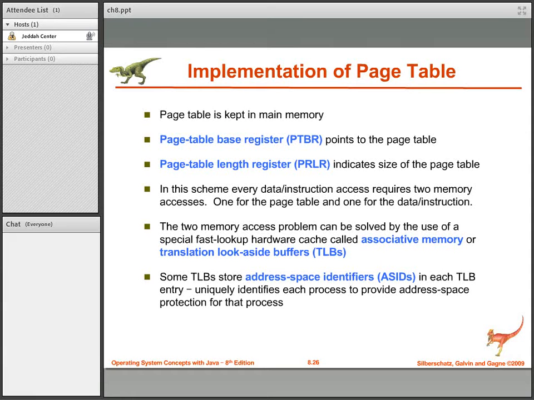You remember in one of the previous slides, we talked about the necessity for protection. One of the schemes that are used for protection is this address space identifier.